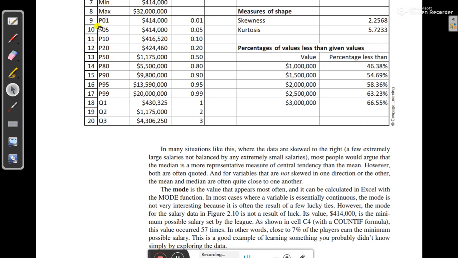And 1% of people has percentile 1. 0.05, or we can say 5% of people have percentile 5, means they are getting only that much amount of salary, that much percentage of the total salary.